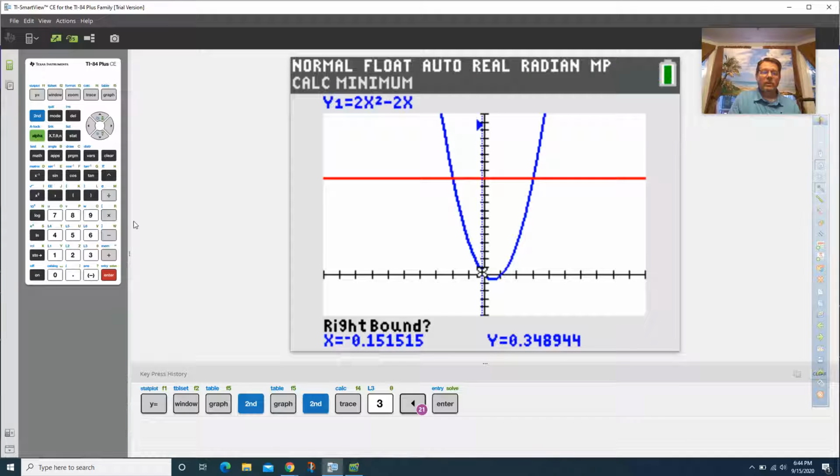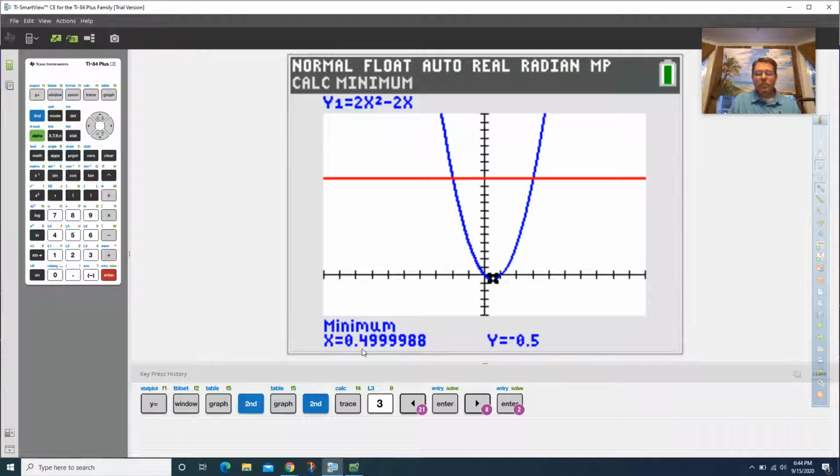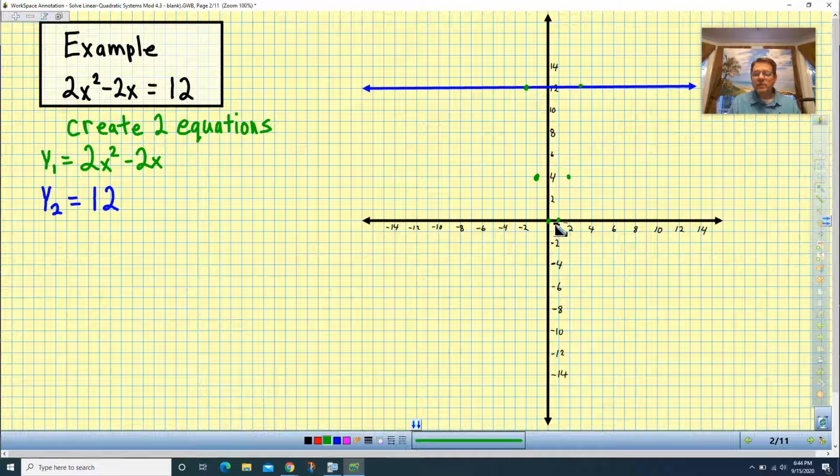Now it says right, so I need to go to the right of my vertex there, which is the minimum in this case. And then I hit enter, guess, enter, and there it is. 0.5 is what that rounds to, and then -0.5. So that's going to be right smack in the middle.